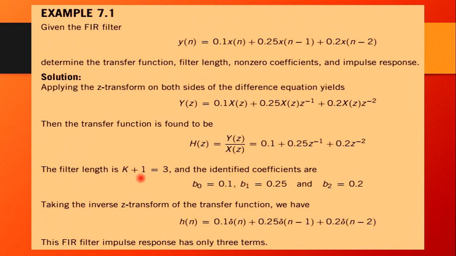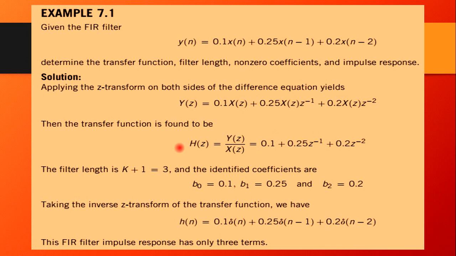After taking the z transform, we take y over x, which is output over input. Output over input is basically the transfer function of the filter. So the transfer function, our first objective, is this one, and if we want to find the filter length, the highest power is 2.